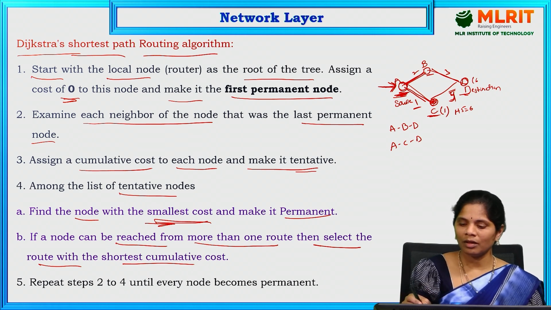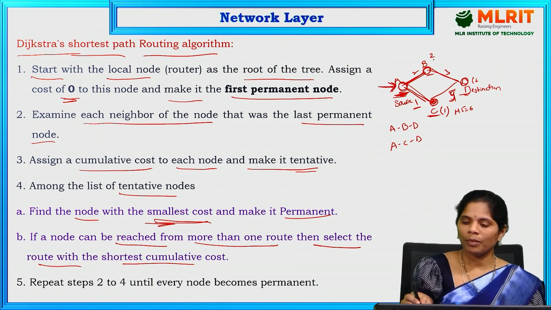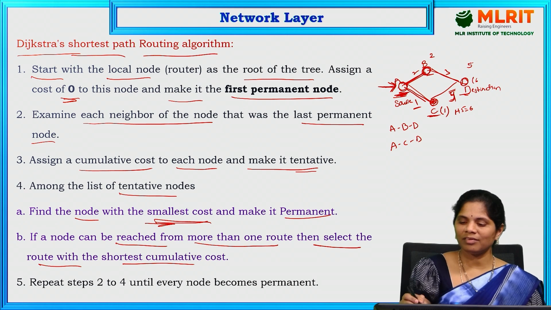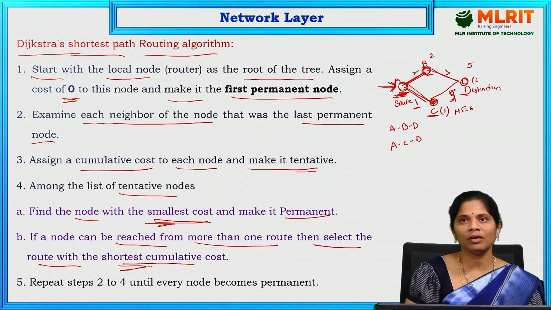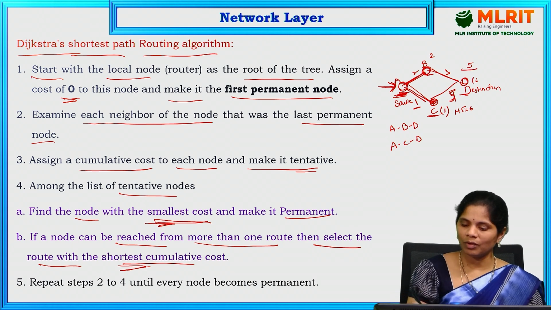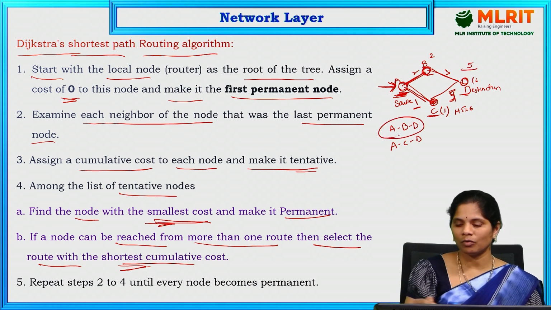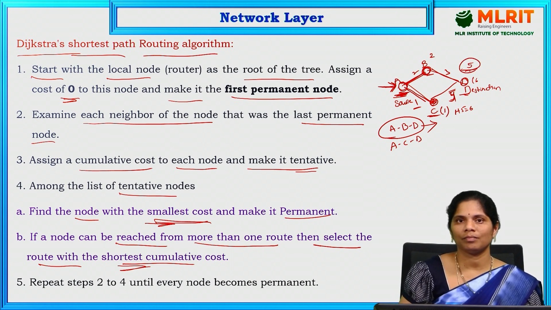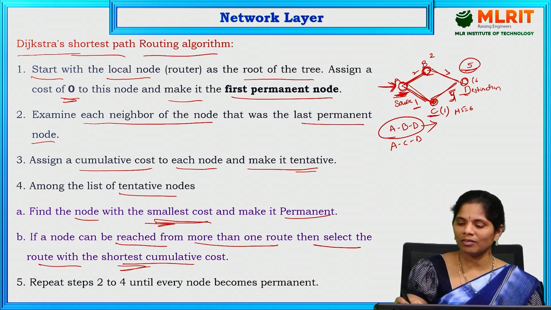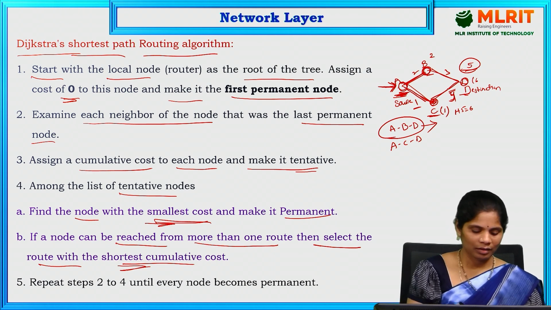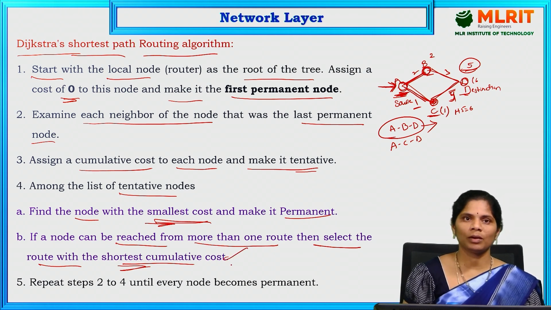Coming to B, A to B is 2, and from B to D is 3, so 2 plus 3 is 5. Which one is the shortest? That one we have to take. So from A to B, B to D, we have to select. That is the best route, because the total cost is 5 only. If we go for the other route, the total cost is 6. That's why we go for the shortest cumulative cost.